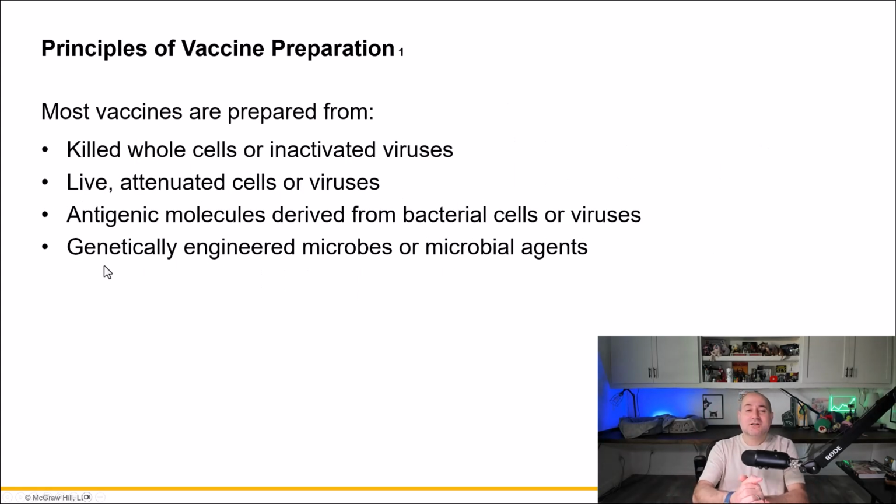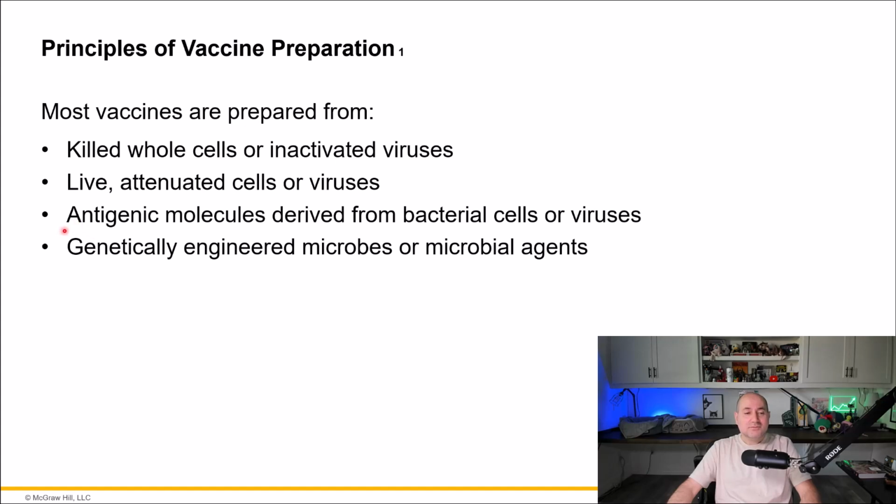Now let's talk a little more about vaccine preparation. Some vaccines come from killed cells or inactivated viruses. Some vaccines come from live attenuated cells or viruses. That means cells and viruses that are functional, but attenuated means no longer able to cause disease.